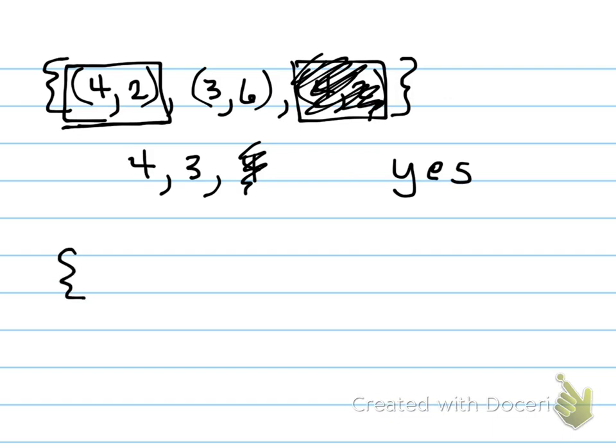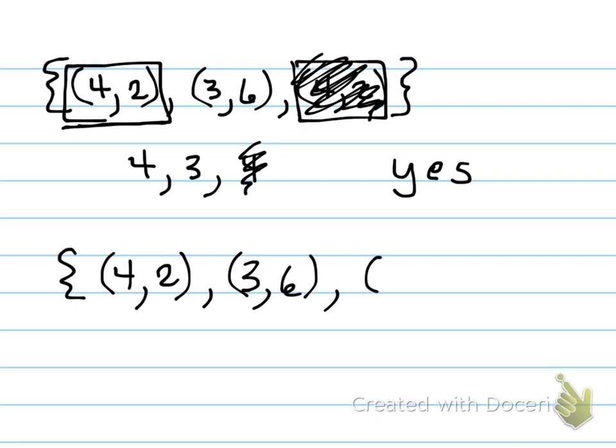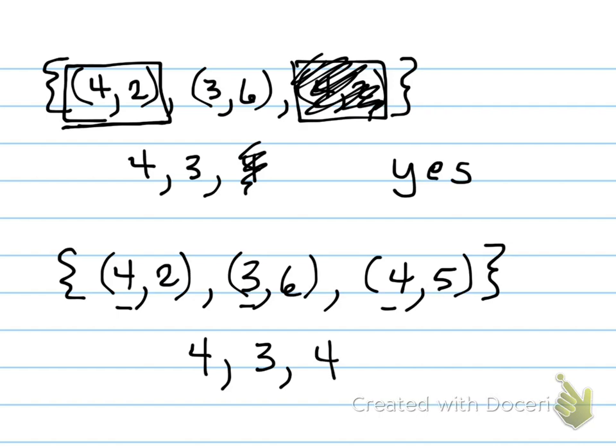Now, having said that, watch this one. Okay, our domain, again, are simply the x values. We have 4, we have 3, and we have 4. Now this is suspicious to me because the 4 occurs twice. So what I'm going to do is look up here and see just the ones that have 4 as my x value and ask myself, are those the same point? But this one is (4, 2), and this one is (4, 5).